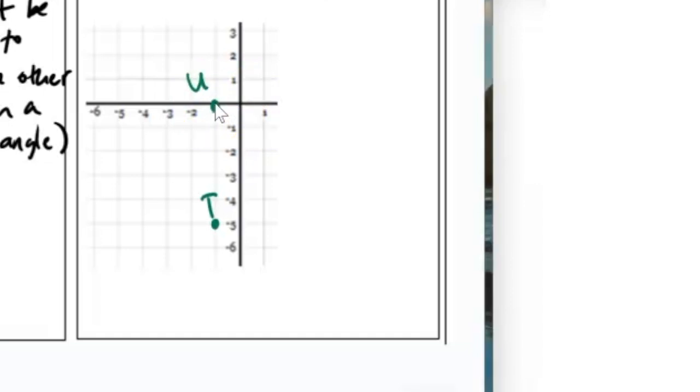That is point U. -4 in the x and +2 in the y is point V. Then -4 in the x and -3 in the y is point W. Do the best you can to connect these.